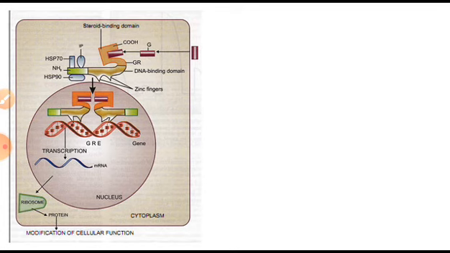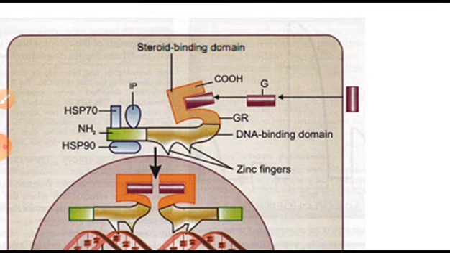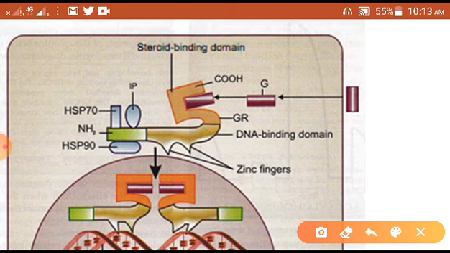This is the diagram I have taken from KD Tripathi. This will explain how this receptor is acting. Here you can see this is your hormone, suppose a glucocorticoid hormone.